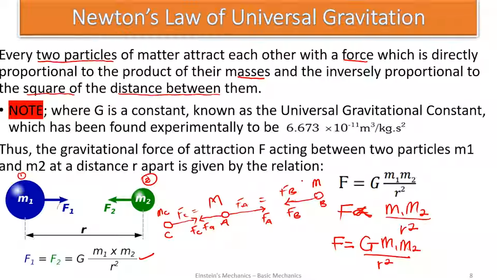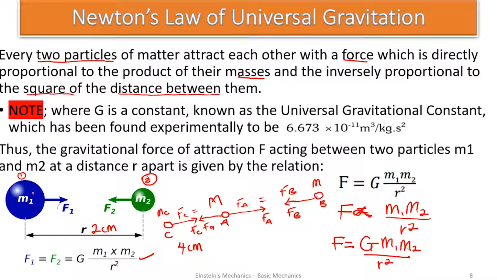And we can also see that anytime the distance between two objects, let's say this r is 2 centimeters, increases, it is going to cause a decrease in the force between these two particles. So objects with a distance between them of 2 centimeters will have a greater force than objects with 4 centimeters, because it is inversely proportional to r squared. This is going to cause a decrease in the force.